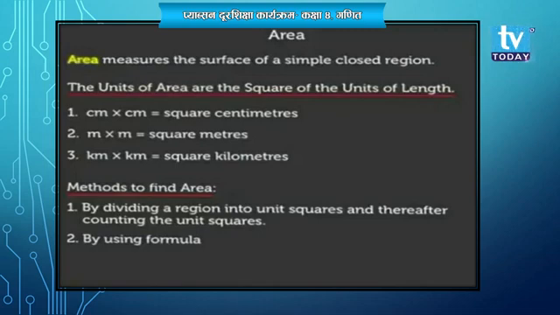By dividing a region into unit squares. You divide the given object into unit squares, then count the unit squares and find the area. Next, by using a formula. Time and again we use our formula, and we are not using the counting method, right?